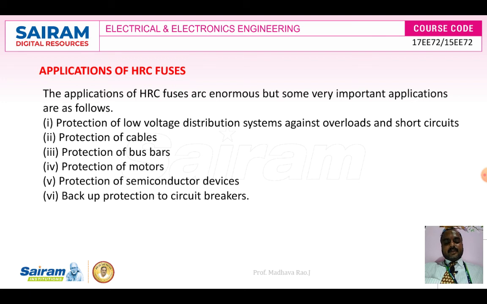And also backup protection, which we already studied in the first module of this subject. Backup protection means whenever the primary device fails to protect, you can use backup protection. So these are the applications of HRC fuses.